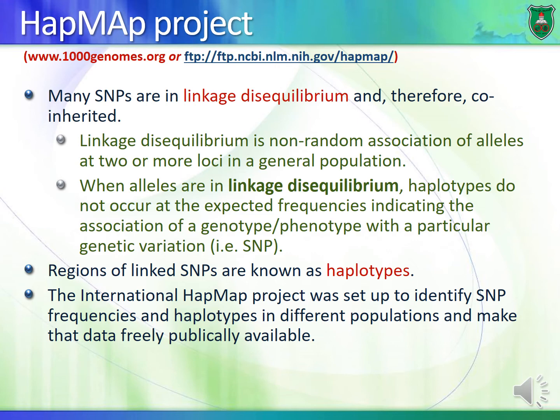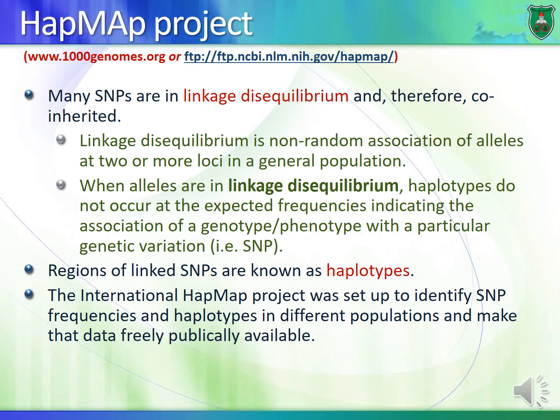So as a result, scientists have initiated a number of projects such as the HapMap project. It's also known as the 1000 Genomes Project, which is basically sequencing the DNA of 1000 individuals from different ethnic groups and looking at associations between certain markers, particularly single nucleotide polymorphisms, with conditions and phenotypes.